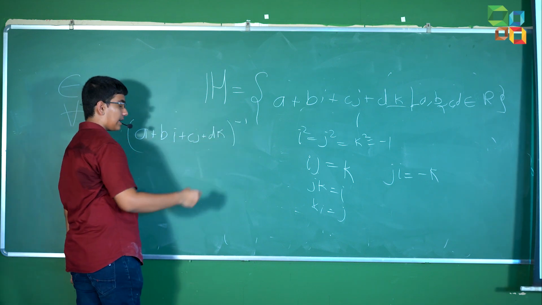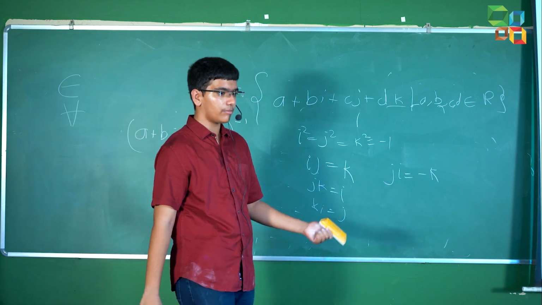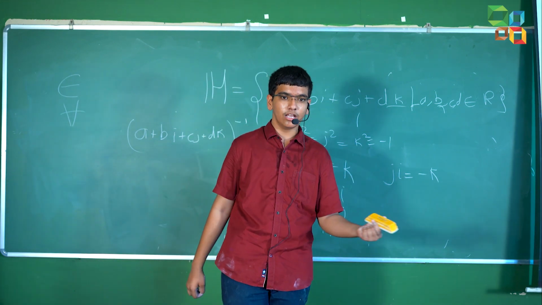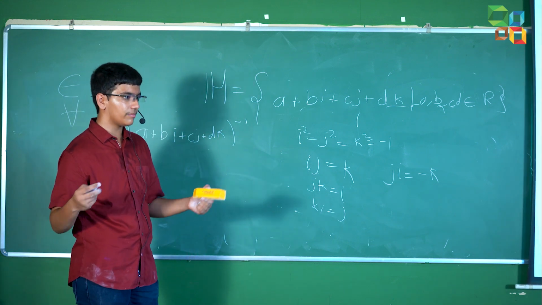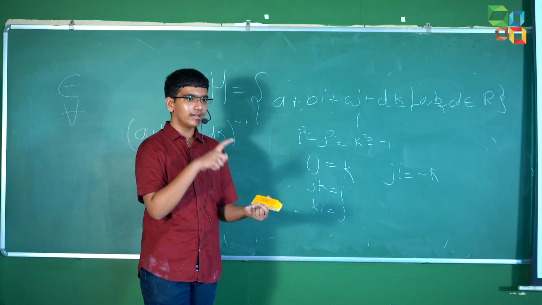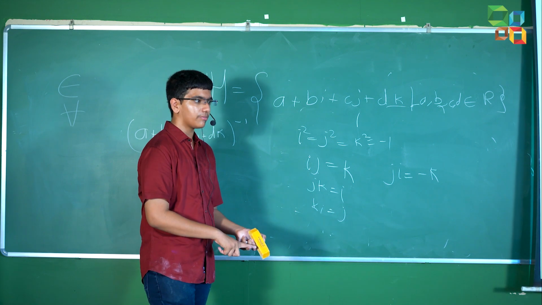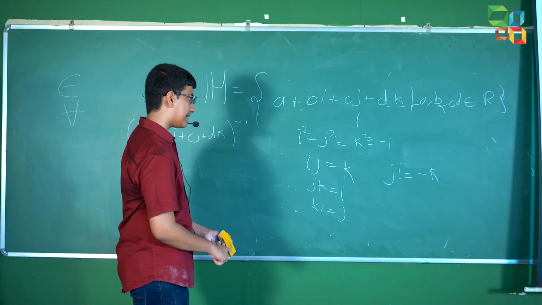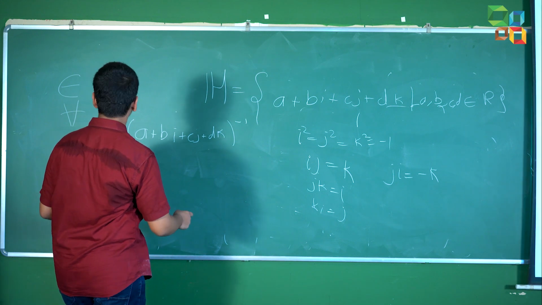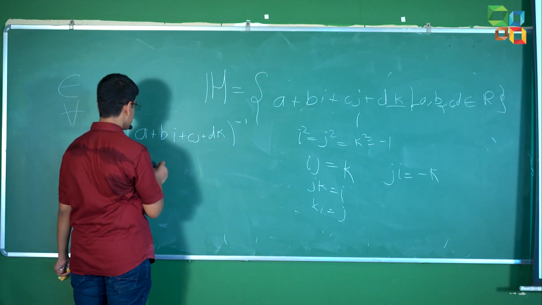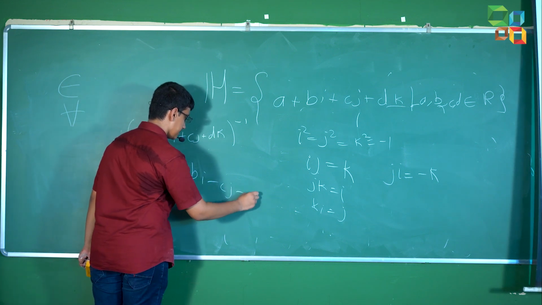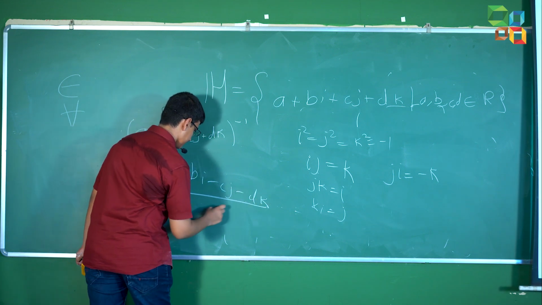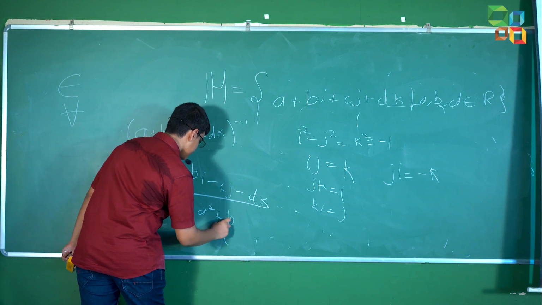When I'm talking about inverse, I'm always talking about multiplicative inverse because everything has an additive inverse. In general, from now, if I'm talking about identity, it's the multiplicative identity. If I'm talking about inverse, it's the multiplicative inverse. So the inverse of this is just a minus bi minus cj minus dk by a squared plus b squared plus c squared plus d squared.